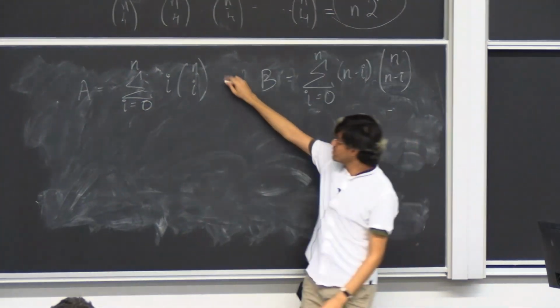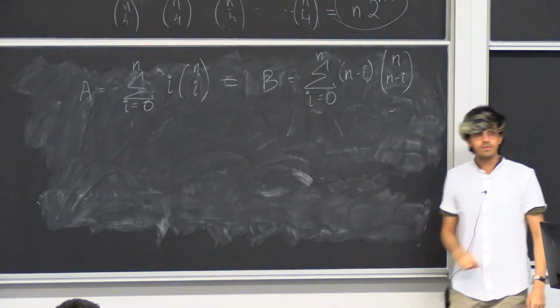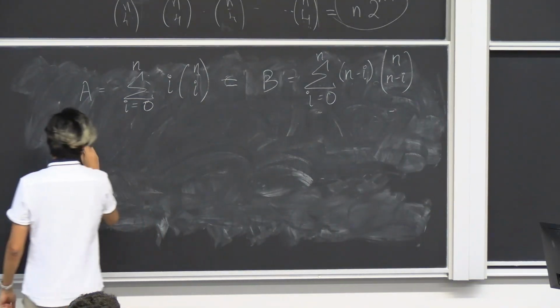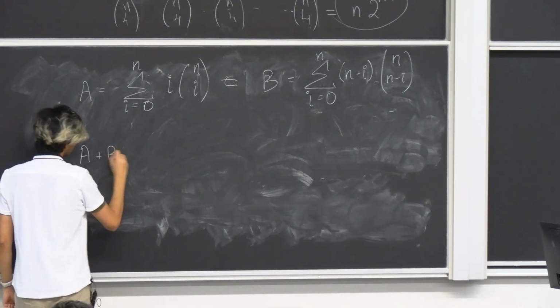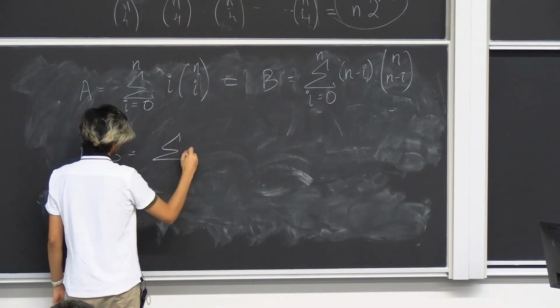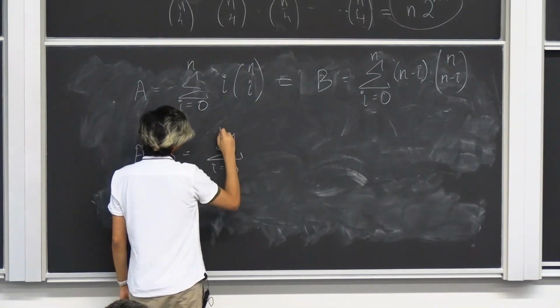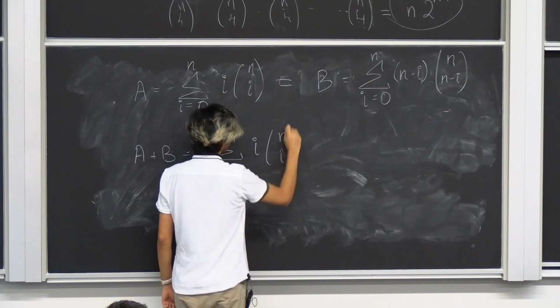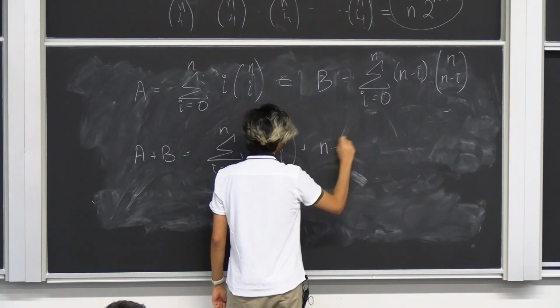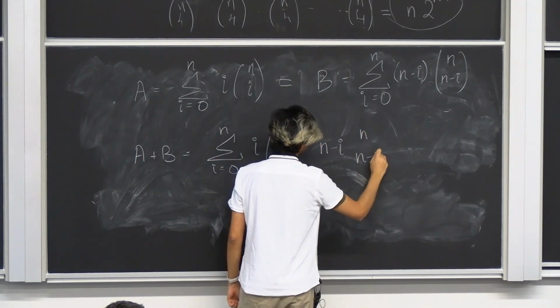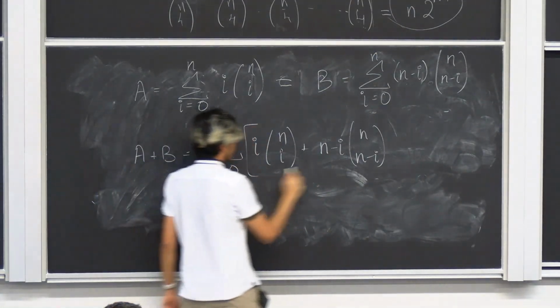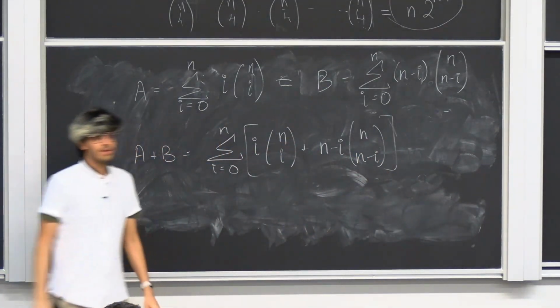So we know that these are actually equal. Okay? Add both of them together: i times n choose i, plus n minus i times n choose n minus i. All of this is in the summation.